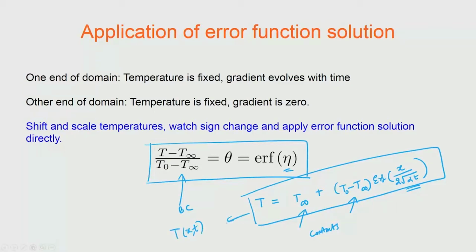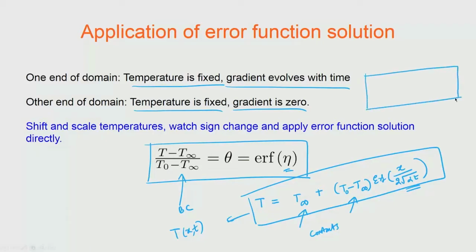Okay. So, we have the solution available now, and it is very important to note that this is applicable only when on one end of the domain the temperature is fixed and the gradient is changing with time, and at the other end the temperature is fixed but the gradient is 0. This is valid when you are able to imagine the domain to be semi-infinite, such that the profiles look like that as a function of time.